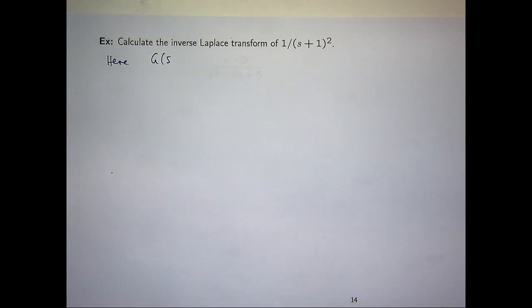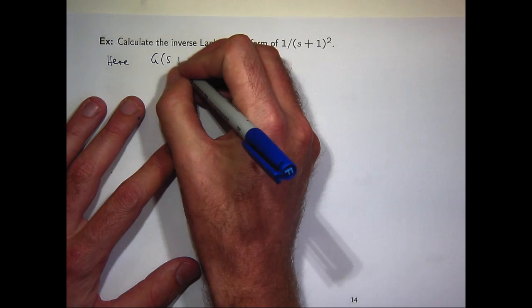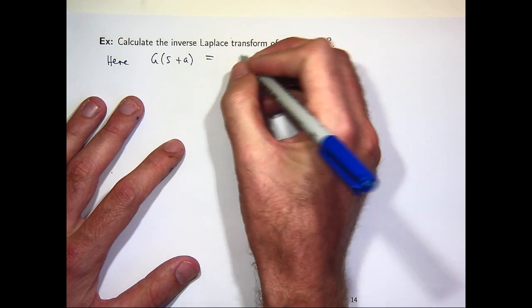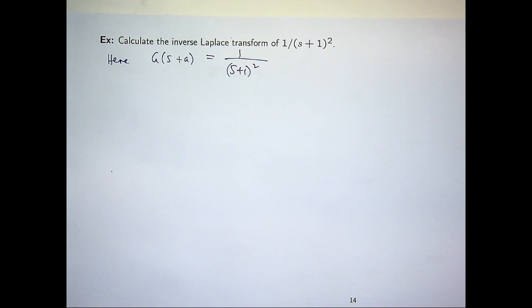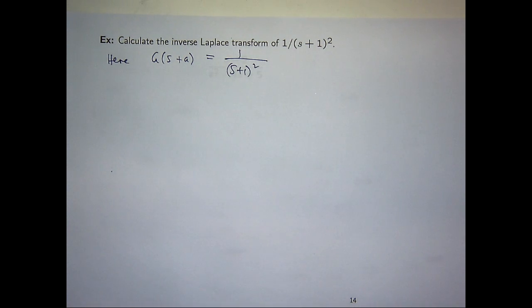It's already kind of been shifted. You see the s plus 1 in there. So what I want to do is identify a constant a and a function big G from that format, 1 on s plus 1 all squared.